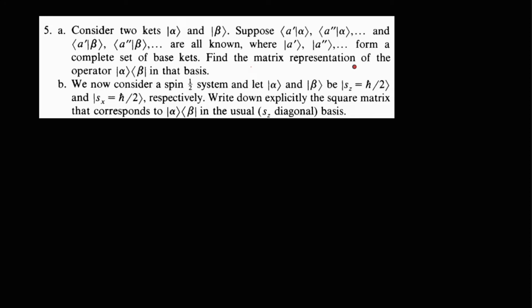Find the matrix representation of the operator |alpha⟩⟨beta| in terms of the basis. Since these kets form a complete set of base kets, they will follow the completeness relation, that means summation of |a'⟩⟨a'| equals the identity operator. So suppose X equals |alpha⟩⟨beta|.